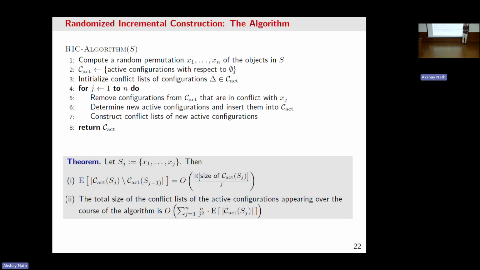That's at most J after I added J points. So I get N times J divided by J squared, so N over J, so that would be N log N. This counts the total size of all the conflict lists that ever appear. After that, I'm going to remove these configurations so I don't spend time on them later. So here I'm allowed to look at all the points in all the conflict lists.